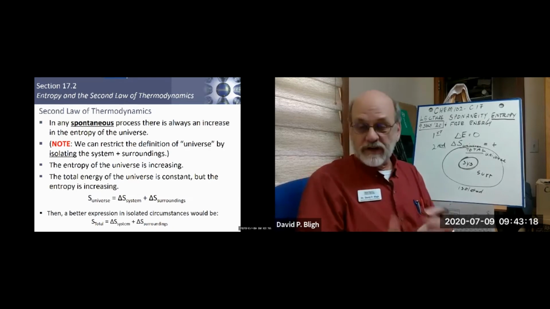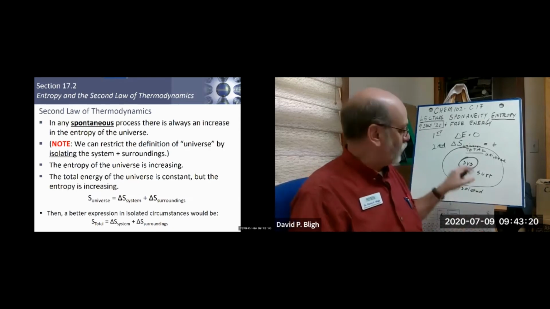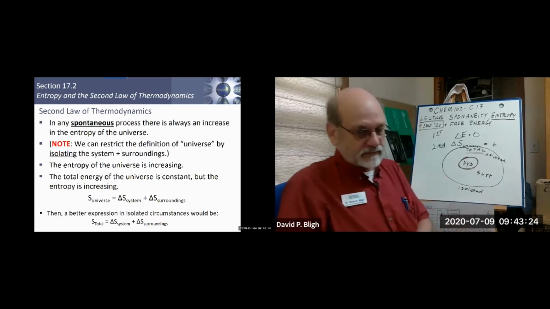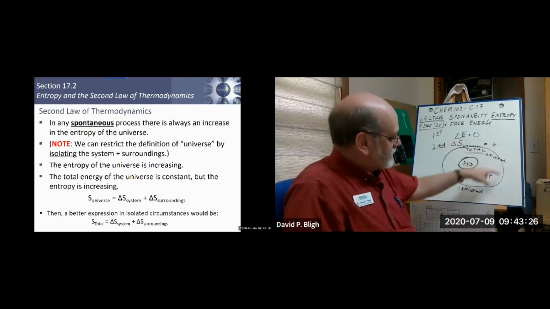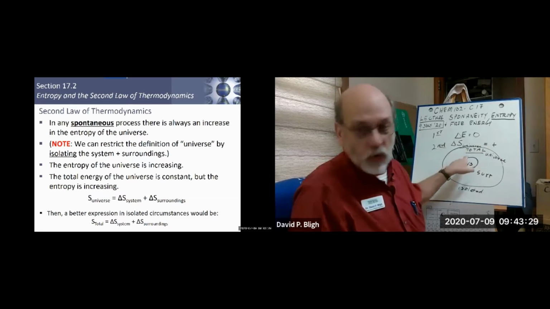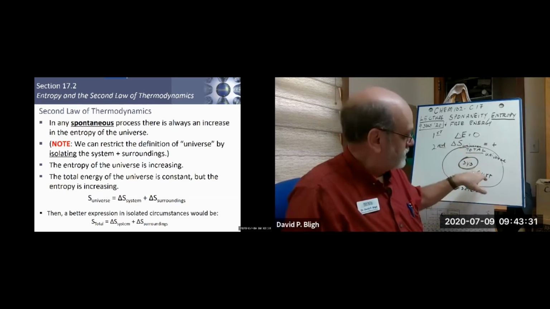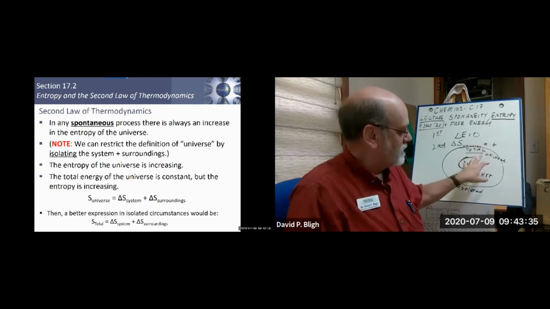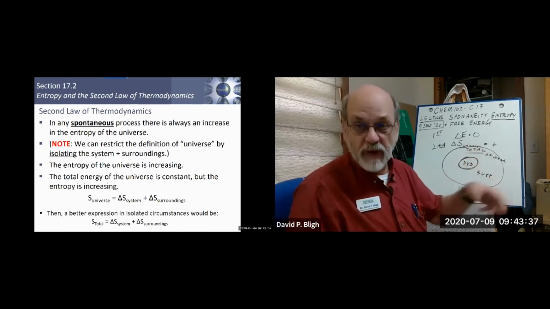Now, we've already determined that the change of entropy for a system can be either positive or negative. And for an isolated total, universe and system and surroundings, the value can also be positive or negative.